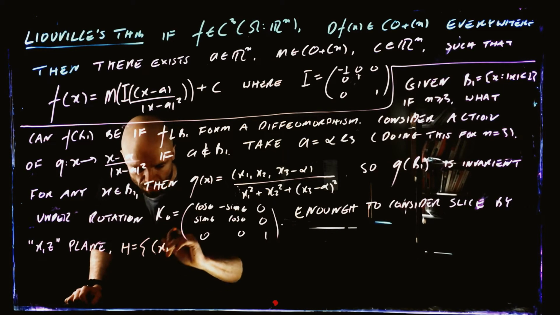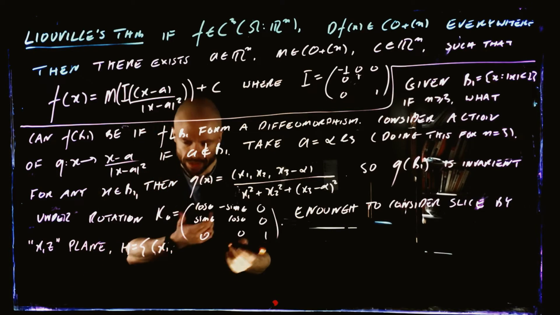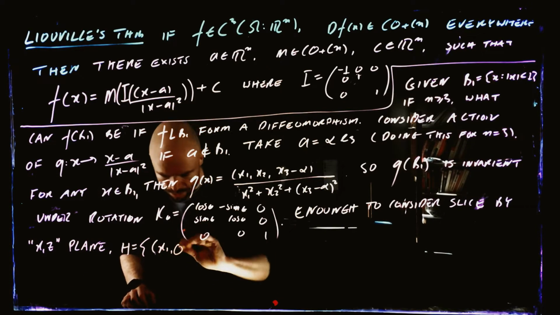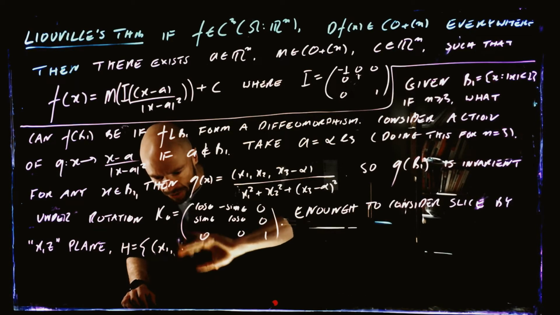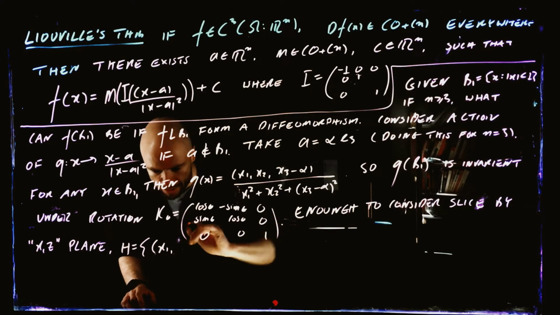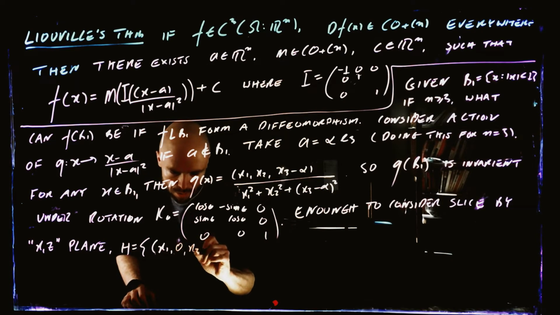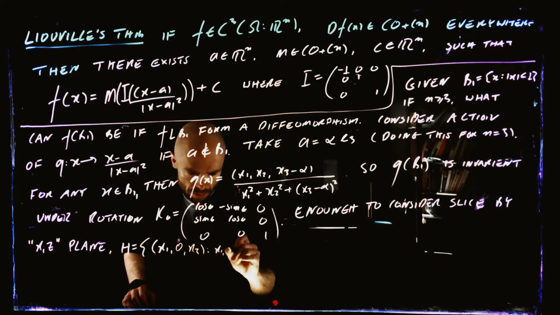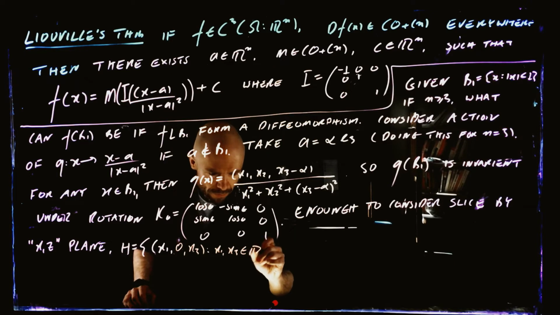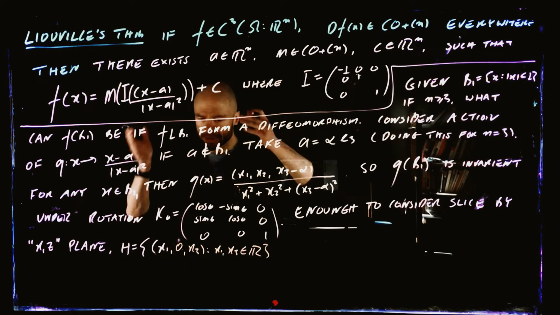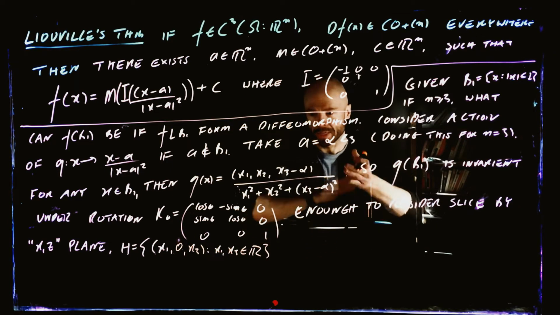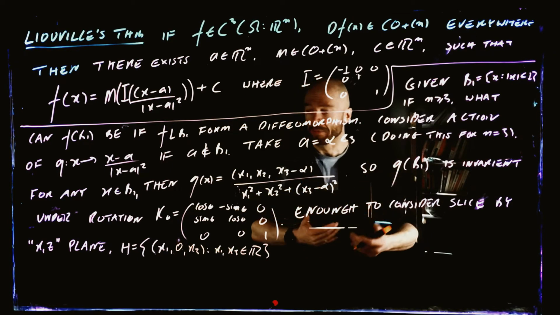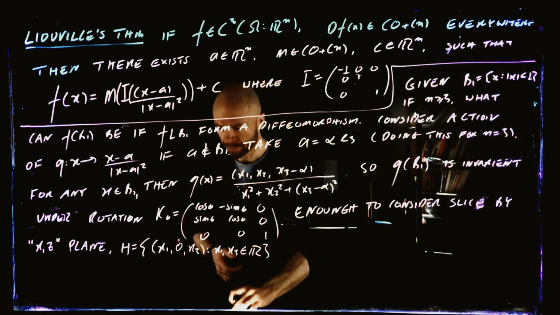I'm swapping between x1, x2, x3 and x, y, z, but I hope that's okay. So if we consider the slice through this plane and understand that slice of our set G of B1, then we'll know everything. Yeah?